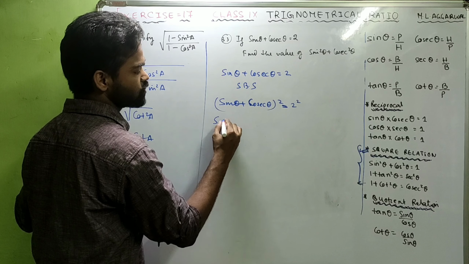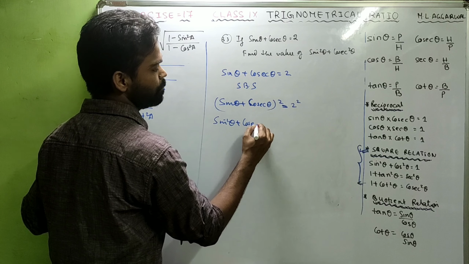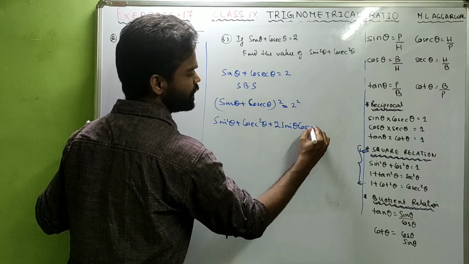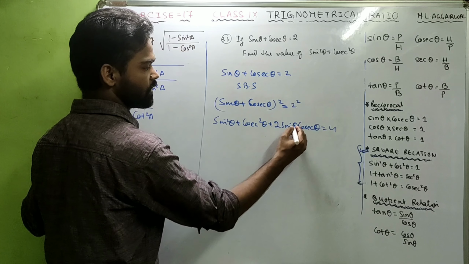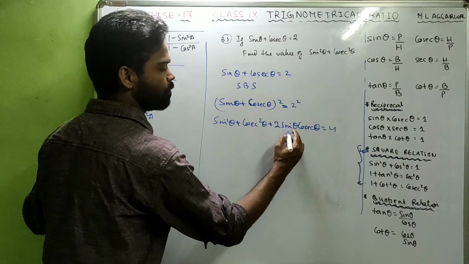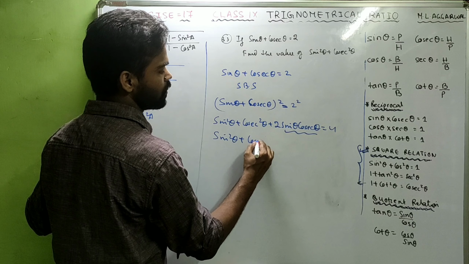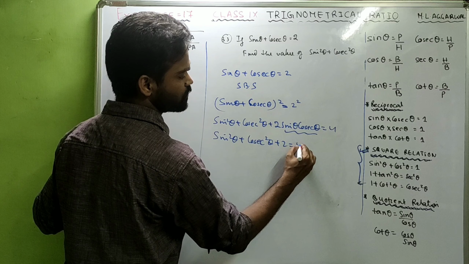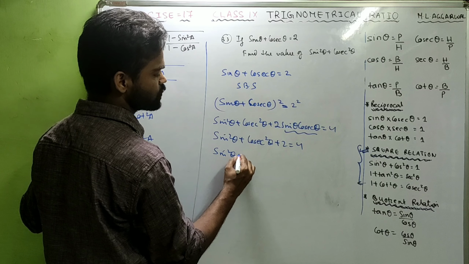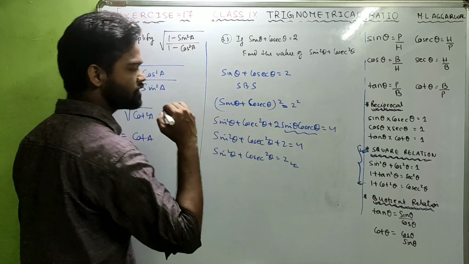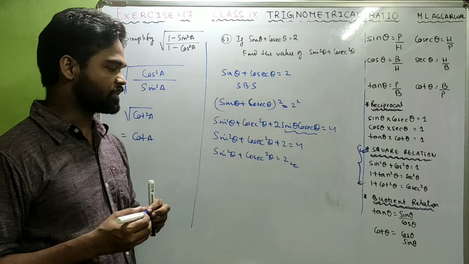So that's A square plus B square plus twice A B is equal to 4. Sine and cosec are reciprocal, so if you multiply them, you'll get 1. So sine square theta plus cosec square theta plus 2 equals to 4, which means sine square theta plus cosec square theta equals to 4 minus 2. That's 2. So keep it till here for the day.